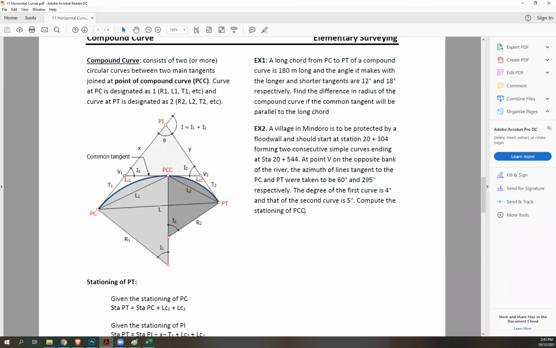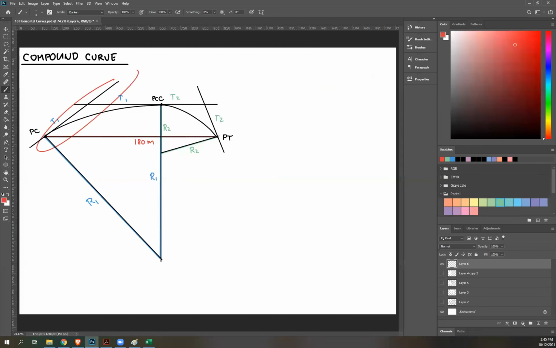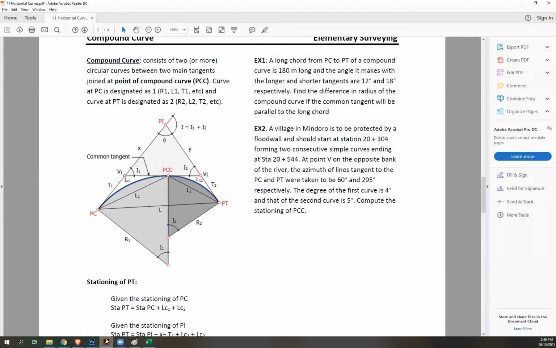Obviously, this is the longer tangent, so the angle it makes here from the long chord is 12. So this is 12 degrees. And then the other one is 18. So from long chord to shorter tangent, this is 18. And then the question is, find the difference in radius.